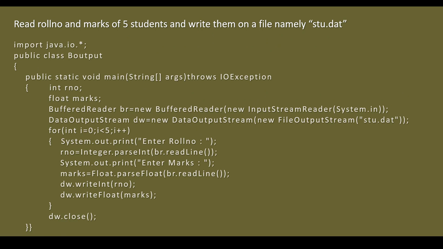It will work smoothly. Here, since the question says roll number and marks, I declare 2 variables. One is integer rno and float marks. So first thing is you are going to get the input from the keyboard. So once you want to get the input from the keyboard, you have to create a BufferedReader object. So BufferedReader br equal to new BufferedReader, within bracket new InputStreamReader and then System.in.